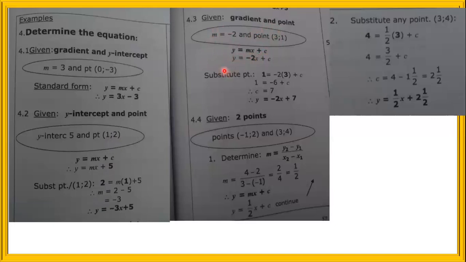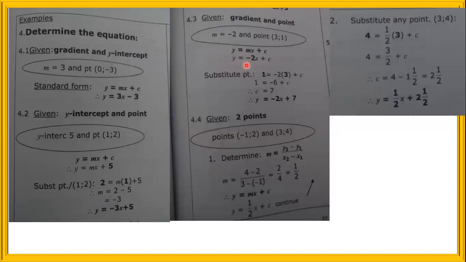Now we know that m, which is always our gradient, is minus 2 from what we're given. So we can simply substitute in our value, just like how it has been done here.